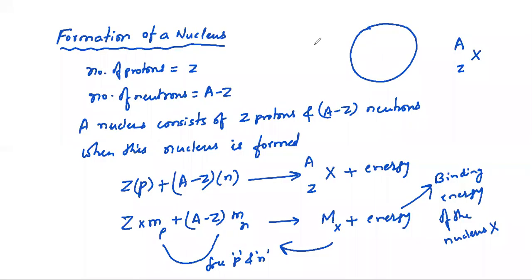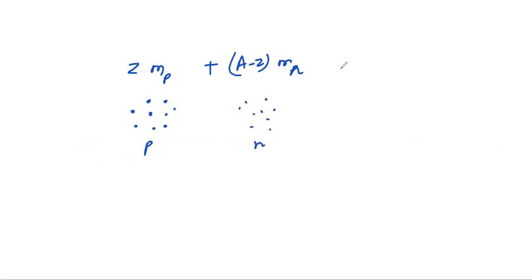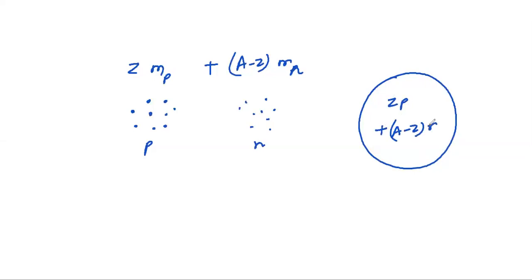So what did we understand from this? We understood that if Z protons combine with A minus Z neutrons, these are protons and these are the neutrons, then they will form a nucleus with Z protons and A minus Z neutrons.